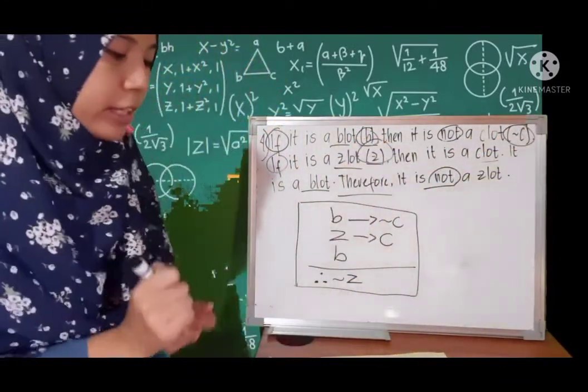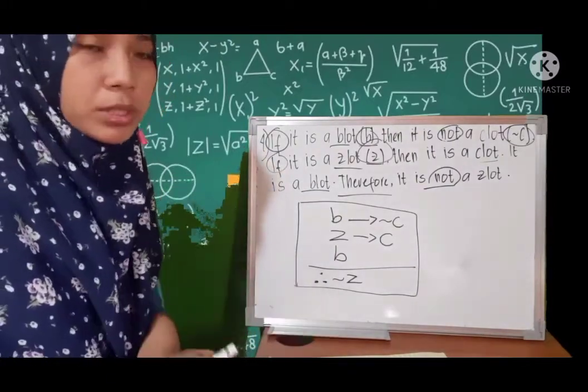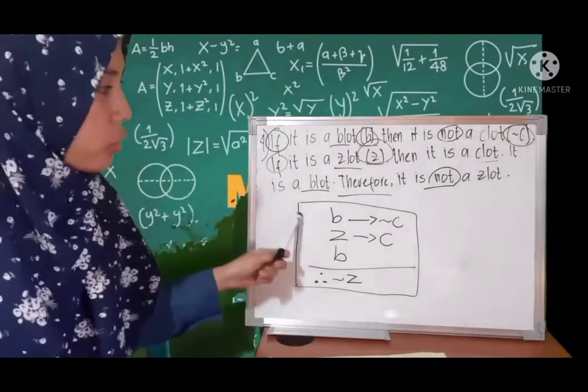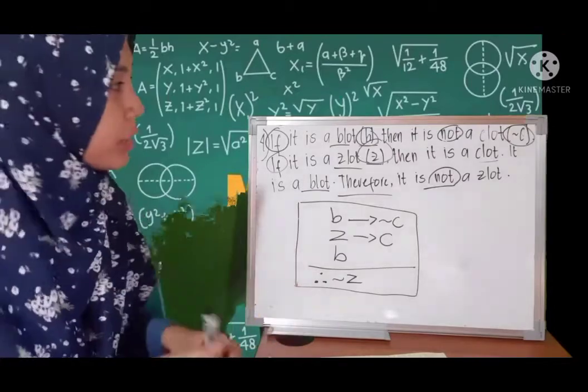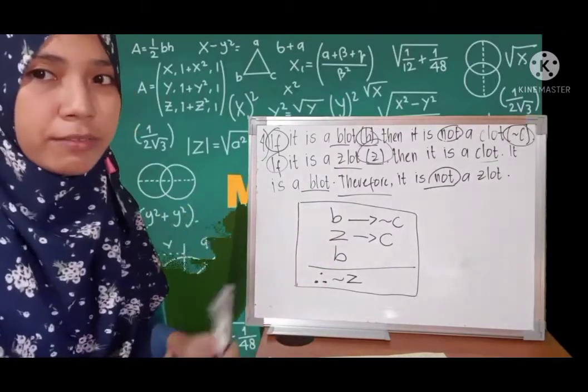So, ibig sabihin, ang magagamit natin na table ay 8 rows. So, malalaman natin dun kung ito ba ay valid or invalid. So, let's proceed to the table para masolve natin kung ito ba ay valid or invalid.